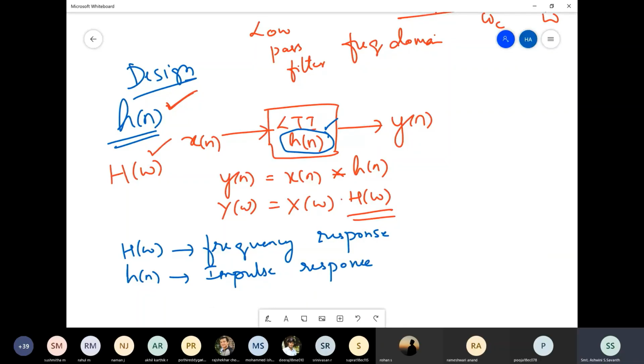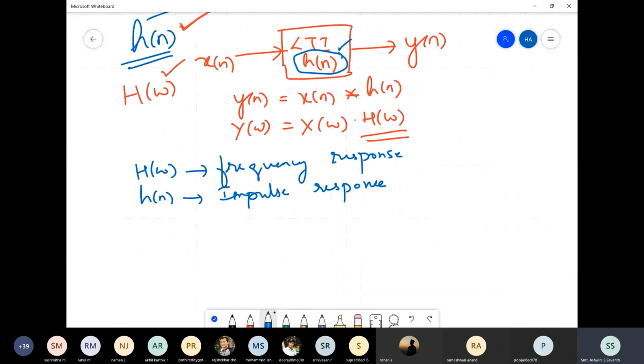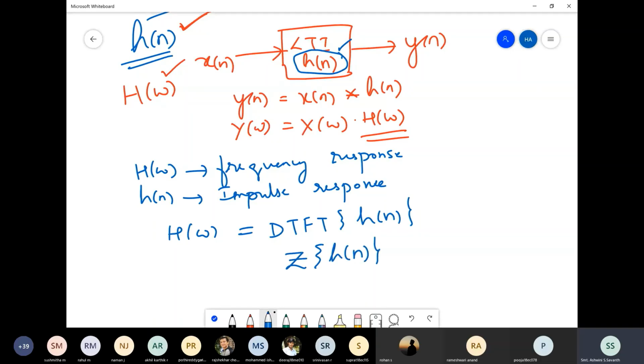If you take the DTFT of h of n, we get H of omega, the frequency response of the filter. On the other hand, if you take the Z transform of the impulse response h of n, you get H of z, and this is called the transfer function of a system.